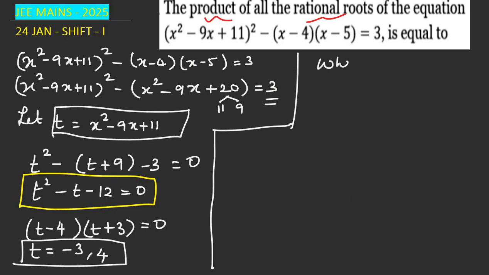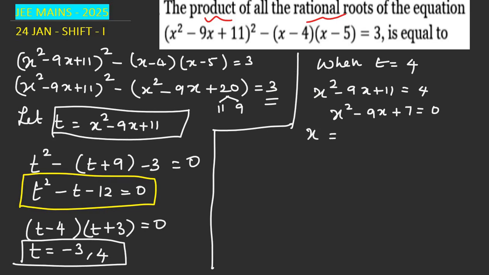When we take t is equal to 4, then x squared minus 9x plus 11 is equal to t, where t is equal to 4. Therefore, the equation becomes x squared minus 9x plus 7 is equal to 0.